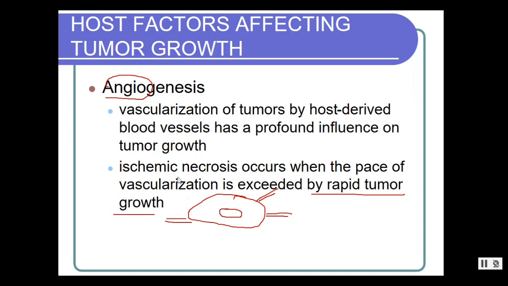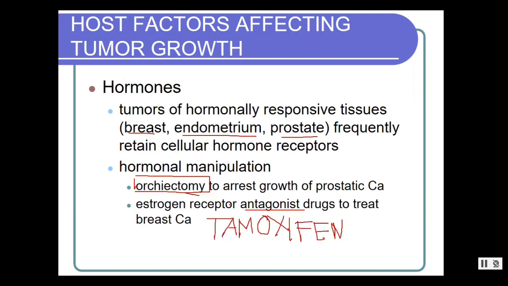Now, if, for example, the tumor rapidly grows, it can be so big that the number of blood vessels supplying it is not enough. And because of that, we have what you call ischemic necrosis, meaning some part of the tumor does not have adequate blood supply, and so they are lighter staining.